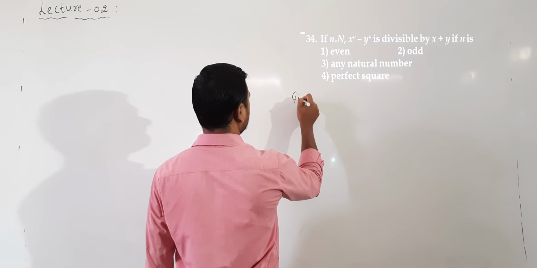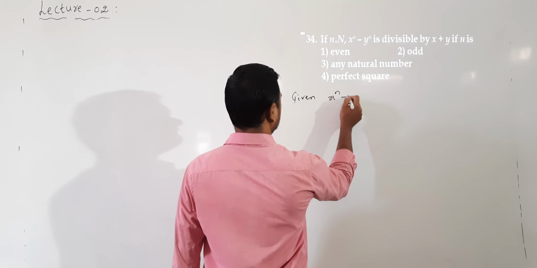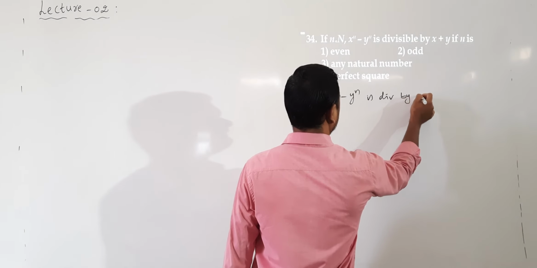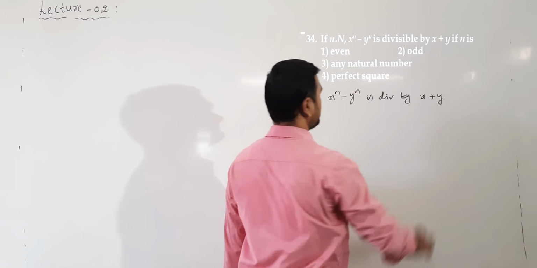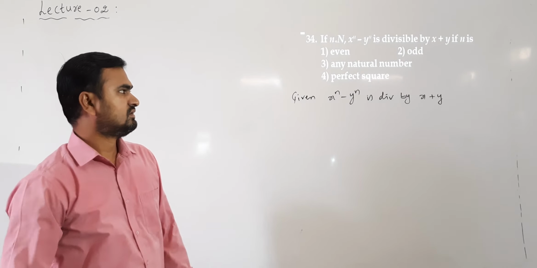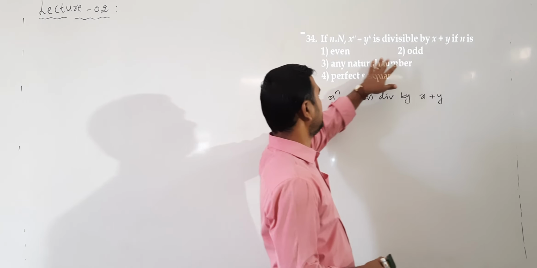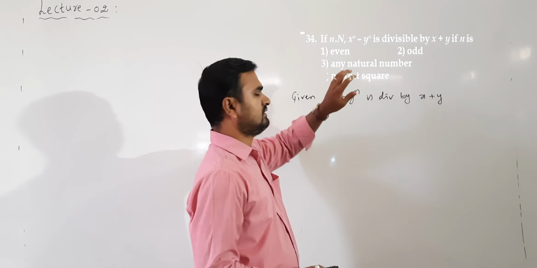So given x power n minus y power n, it is divisible by x plus y. Okay. So what should be the value of n if n is? Options are given or any natural number, it must be perfect square. See which option will be correct here.